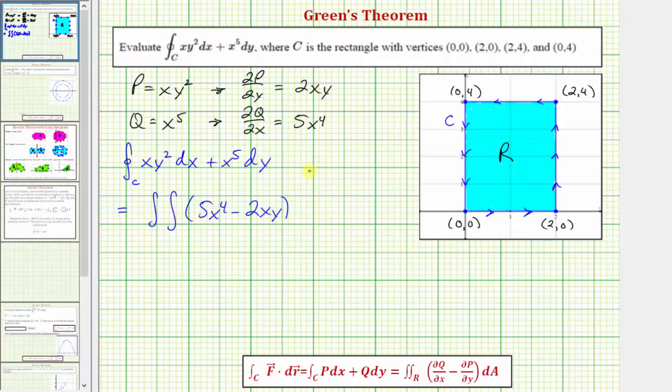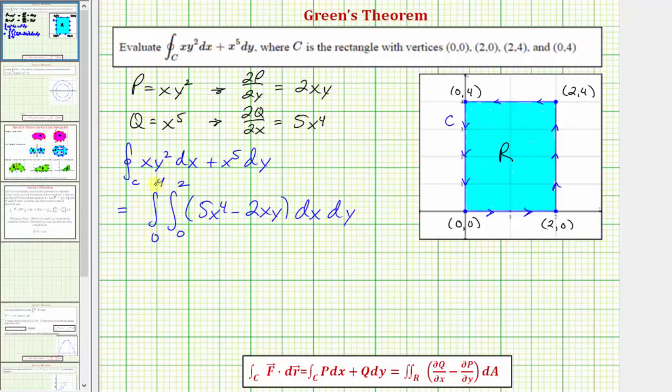Let's first integrate with respect to x, then with respect to y. And now we'll determine the limits of integration, first with respect to x. The region R is bounded to the left by x equals 0, and to the right by x equals 2. So limits of integration with respect to x are from 0 to 2. And the region R is bounded below by y equals 0 and above by y equals 4. So limits of integration for y are from 0 to 4.